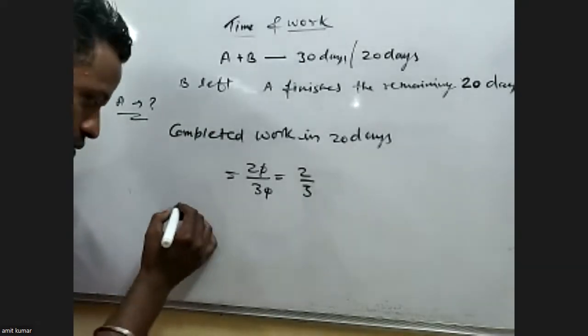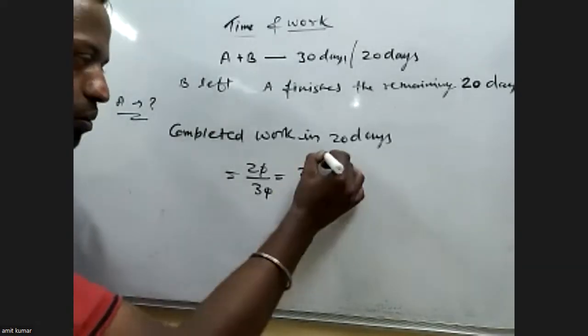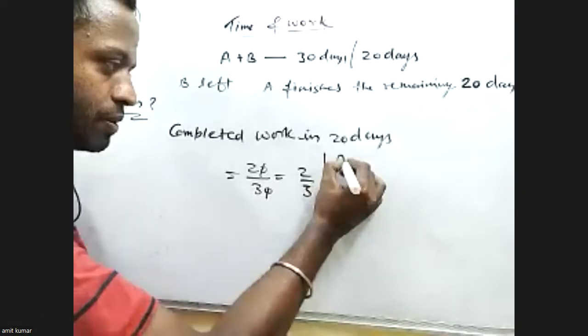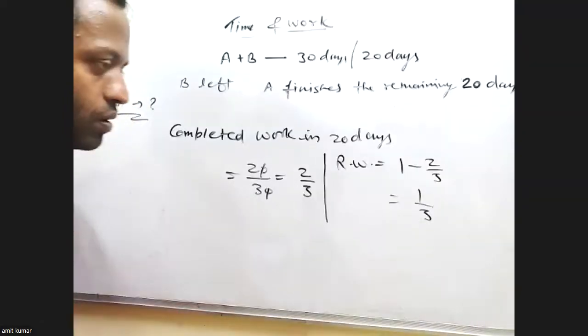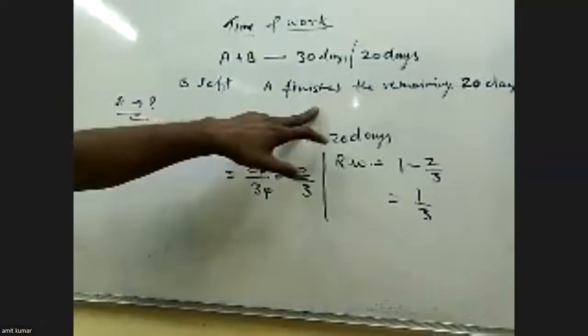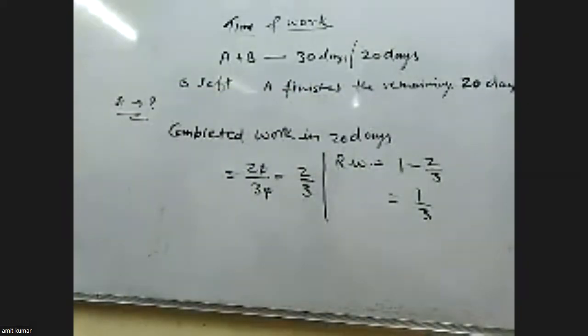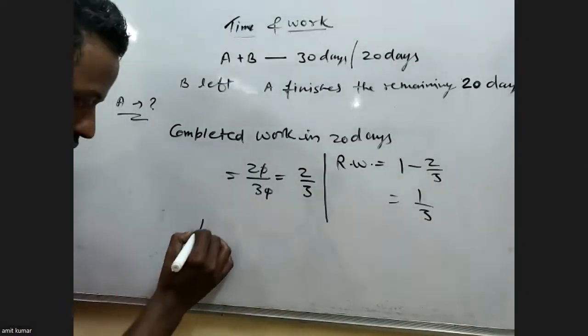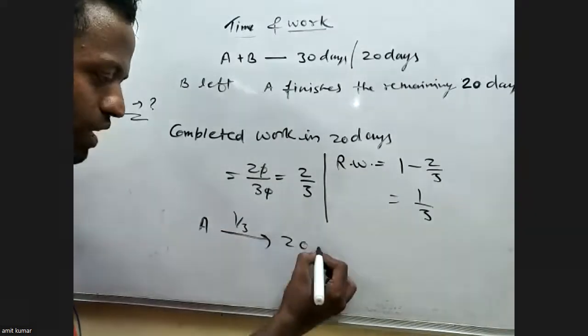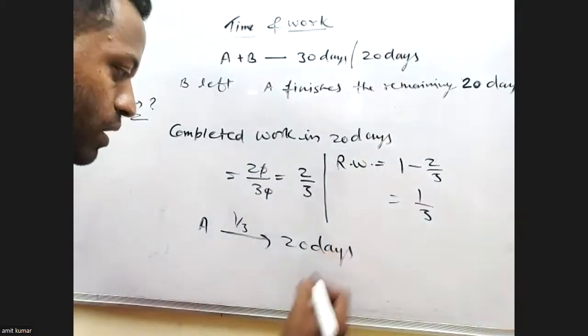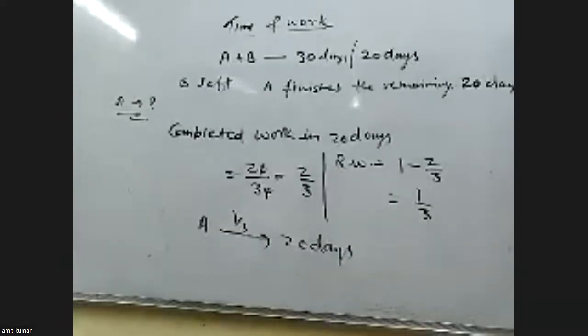Now how much remaining work will there be? Remaining work will be what? 1 minus 2 by 3. This is 1 by 3. It is mentioned in the question, A finishes the remaining work in 20 days. So if A can do 1/3 of the work in 20 days, then A alone can do the whole work in how many days? 60 days. That is the answer.